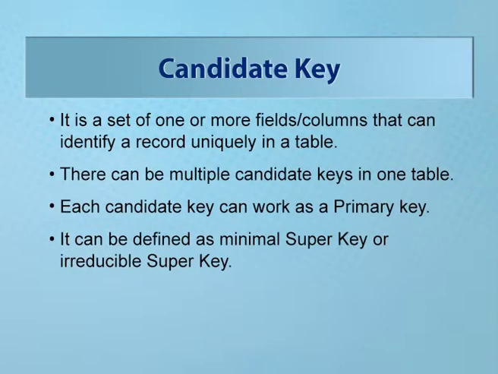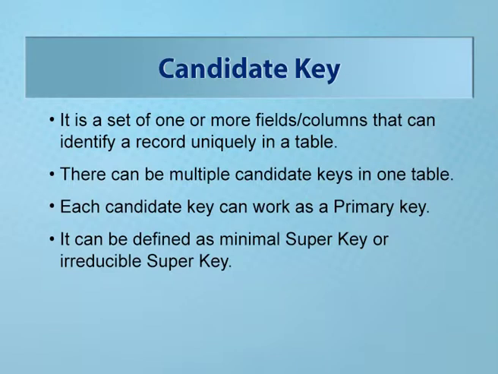So, let us talk about a key called the candidate key. It is a set of one or more fields or columns that can identify a record uniquely in a table. Once again, it is near to the definition of the super key. However, there is a restriction. There can be multiple candidate keys in one table. Each candidate key can work as a primary key.